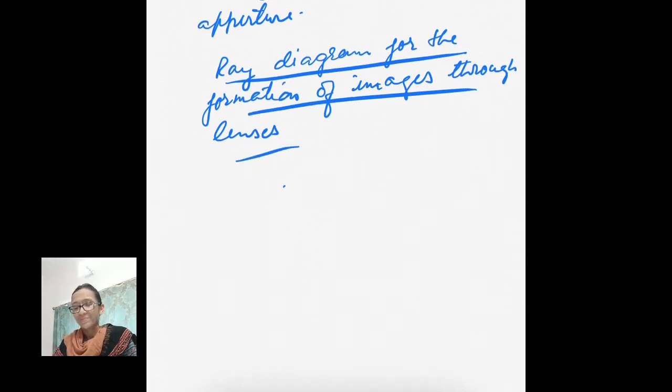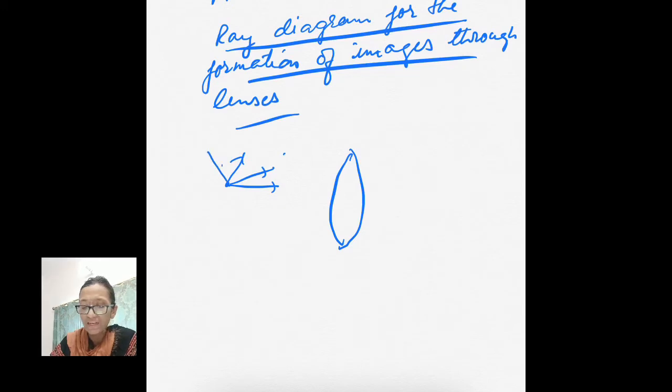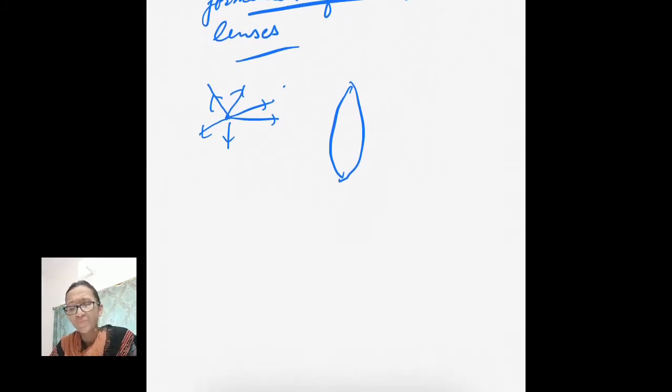So again, I'd like to tell you that from a single point source you have infinite lines emerging, emanating. We have infinite rays from a single source of light, and we do not know which way these rays will be bending.